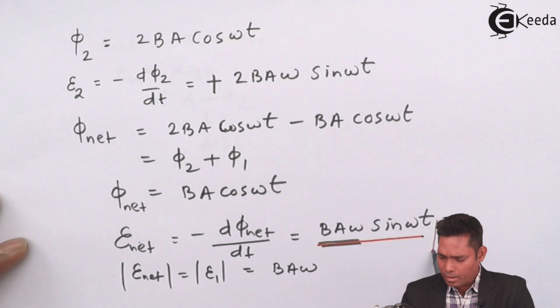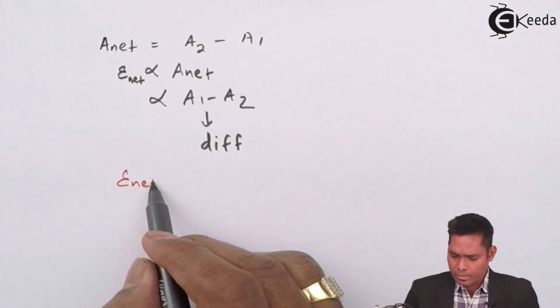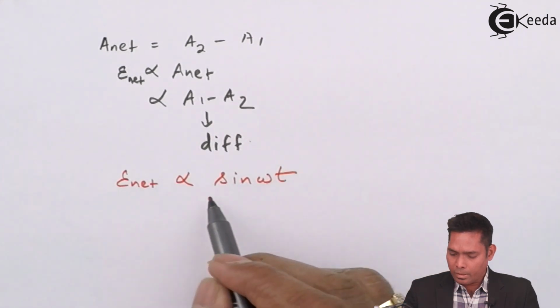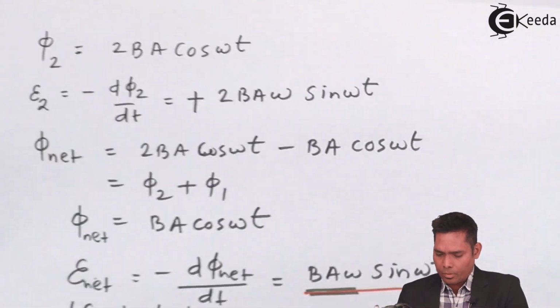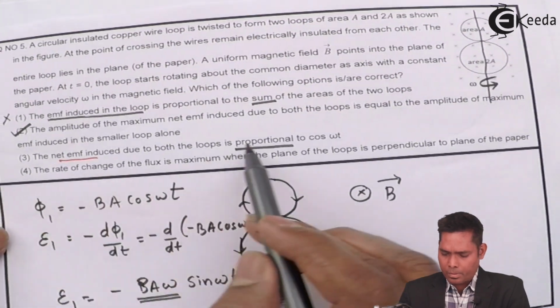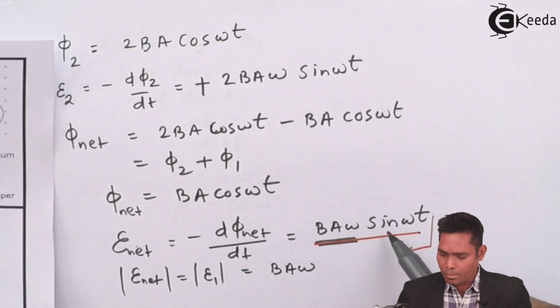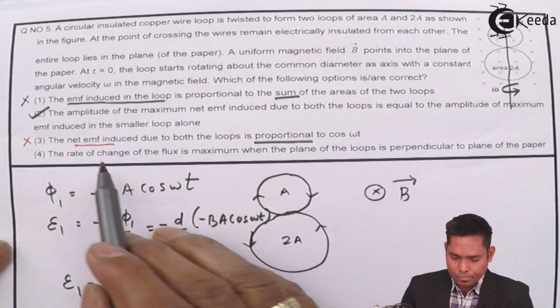So E net is proportional to sine of omega t, not cos of omega t. The question says E net is proportional to cos omega t, which is not right because it is proportional to sine omega t. So this is also not right.